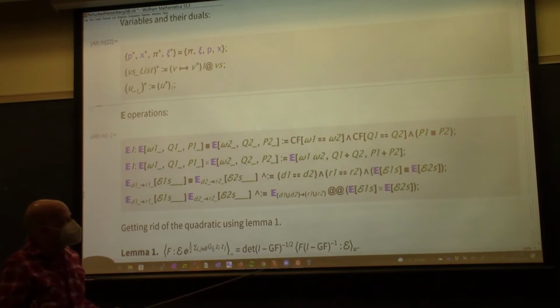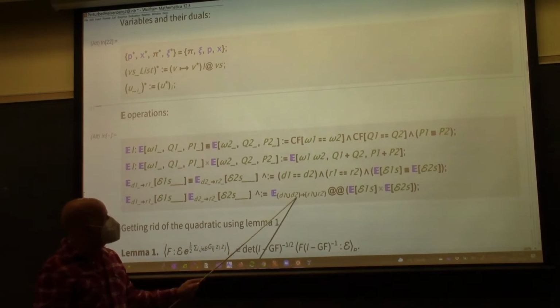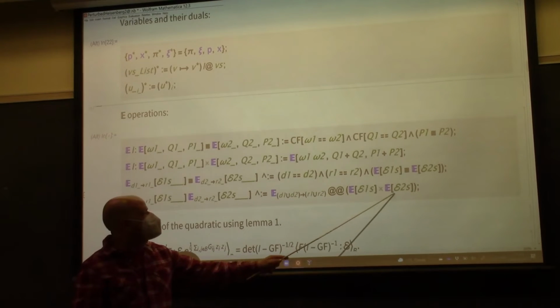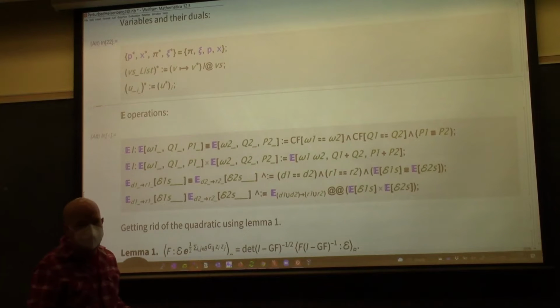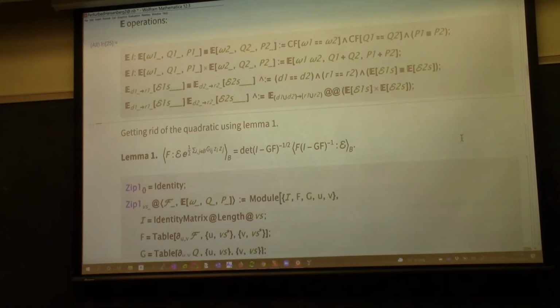Well, you just take the union of the Greek Latin variables, the union of the Latin variables, and then you multiply the generating functions. So again, everything here is routine. In fact, everything is routine.